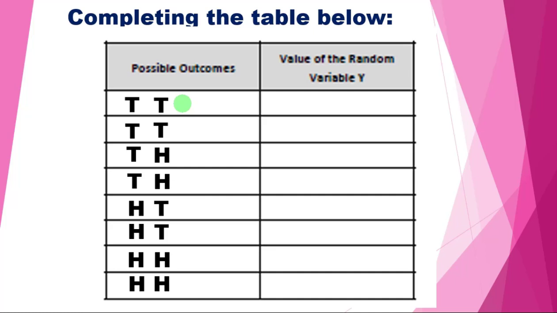Then, on the third toss, you have 2 divided by 2, that's 1. So, 1 tail, 1 head, 1 tail, 1 head, 1 tail, 1 head, and 1 tail, 1 head.